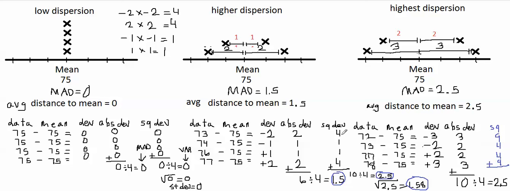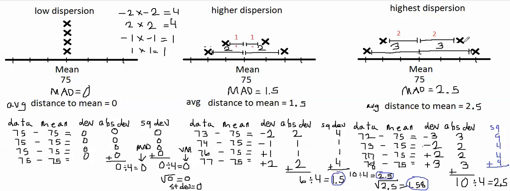Notice how we can see also that when the spread goes up from this data set to this data set, the squared deviations also go up. Here there are 4s and 1s, but over here, there are 9s and 4s.